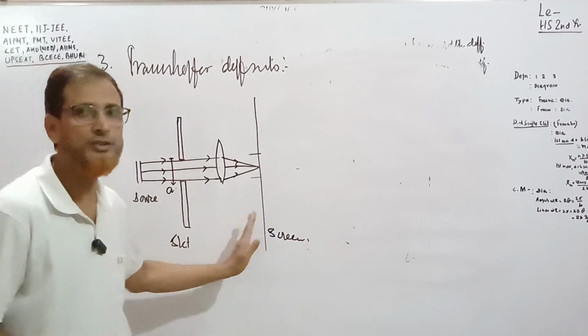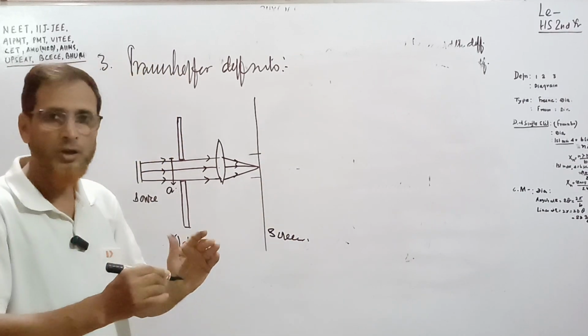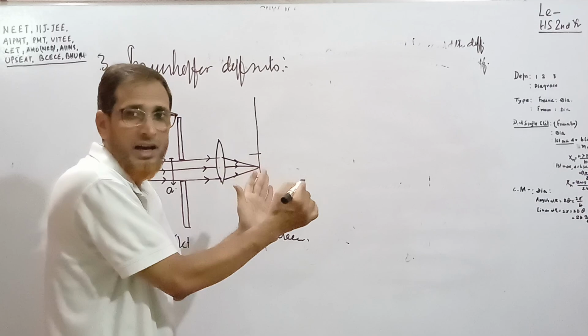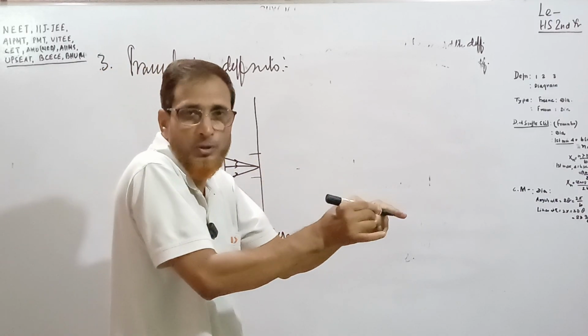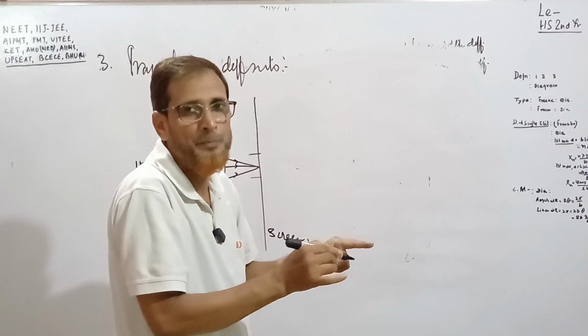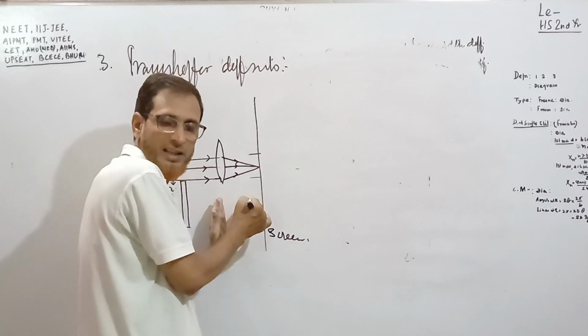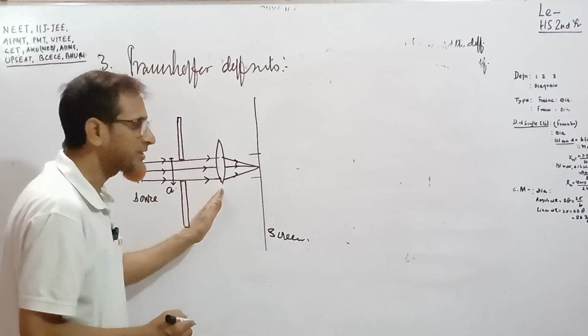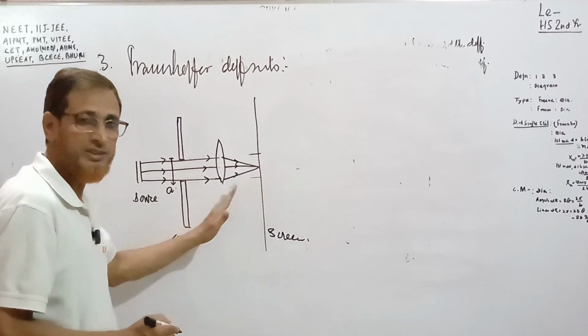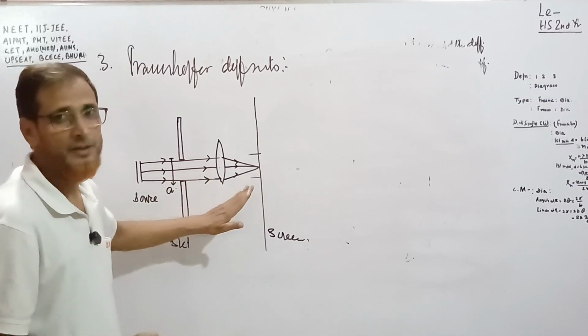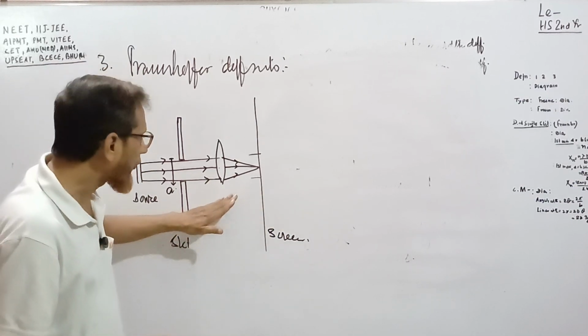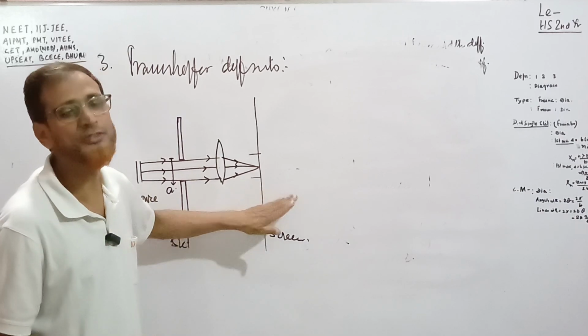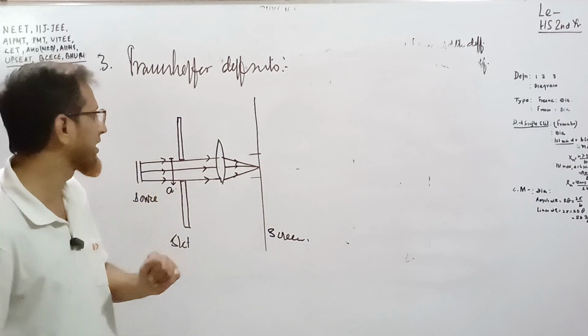Since the screen is also at infinite distance, these lights are made to converge to a fixed point by placing a convex lens at an appropriate distance. After this lens, the screen is necessarily placed at the focal plane of the convex lens. This is the condition.